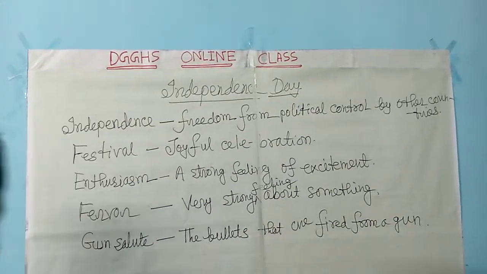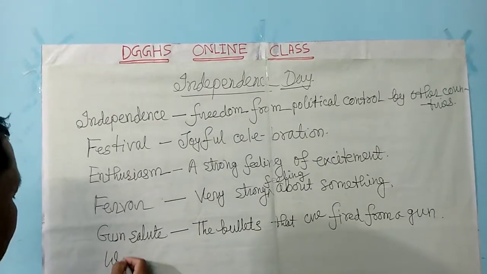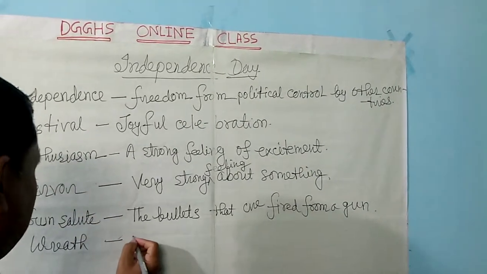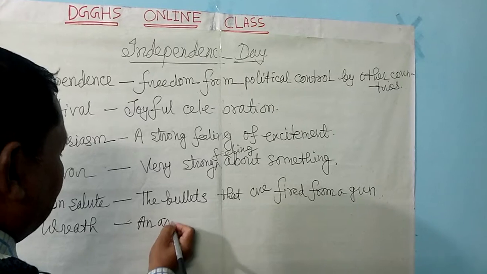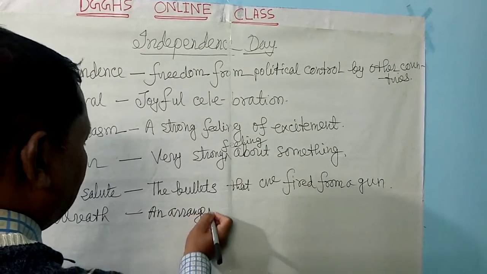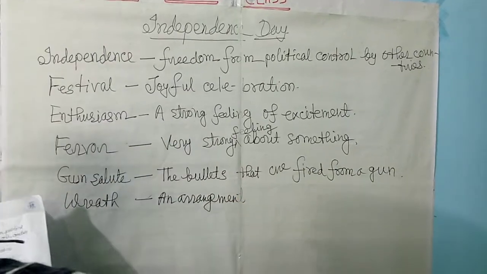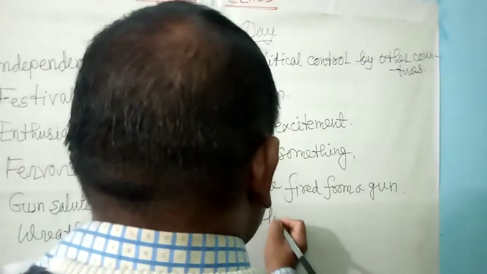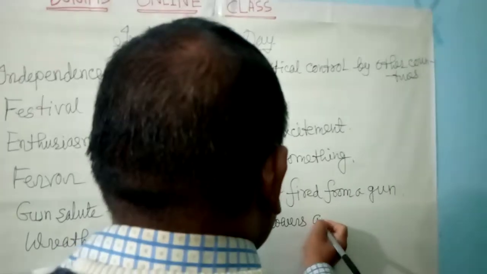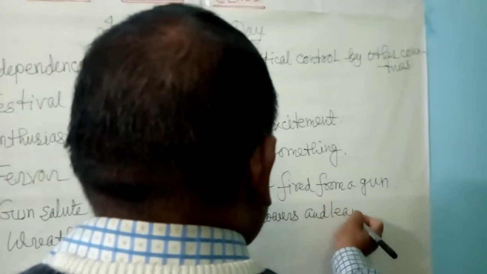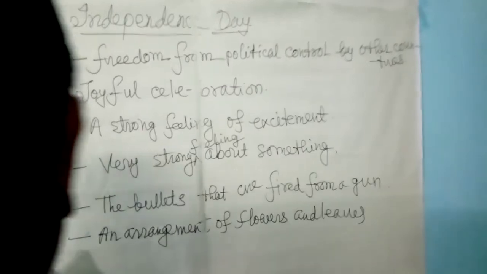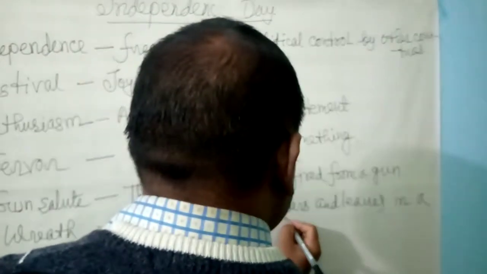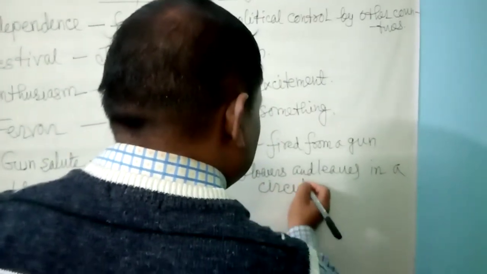Then you see here wreath. An arrangement of flowers and leaves in a circular shape.